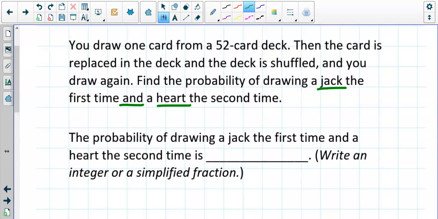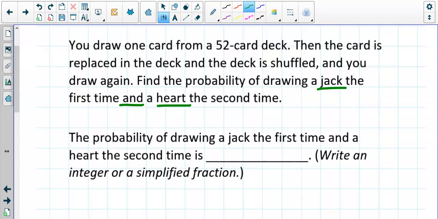Now that one would be a dependent event, because in the first roll, I had a chance to roll one of six numbers. After I rolled, that number disappeared. Now when I roll again, I only have 5 numbers that could happen, because one side of my die disappeared magically. So that's dependent events, because the first event affected the second event.